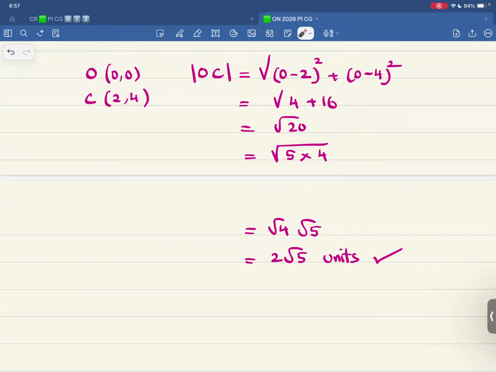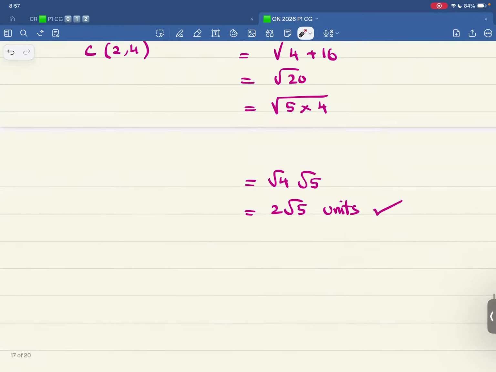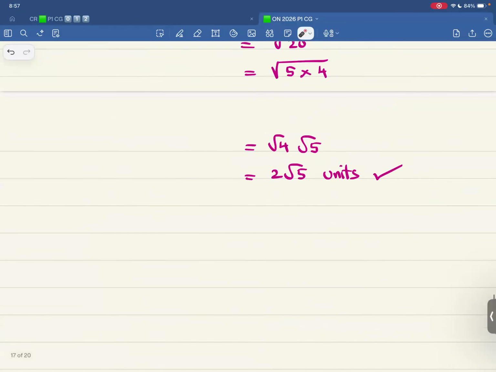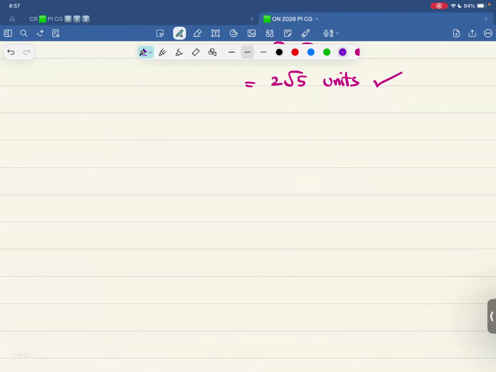Now, someone can ask, can we do part 5 in a different manner? So now, part 5, the shortest distance, can this be found in some alternative way? The answer is yes.